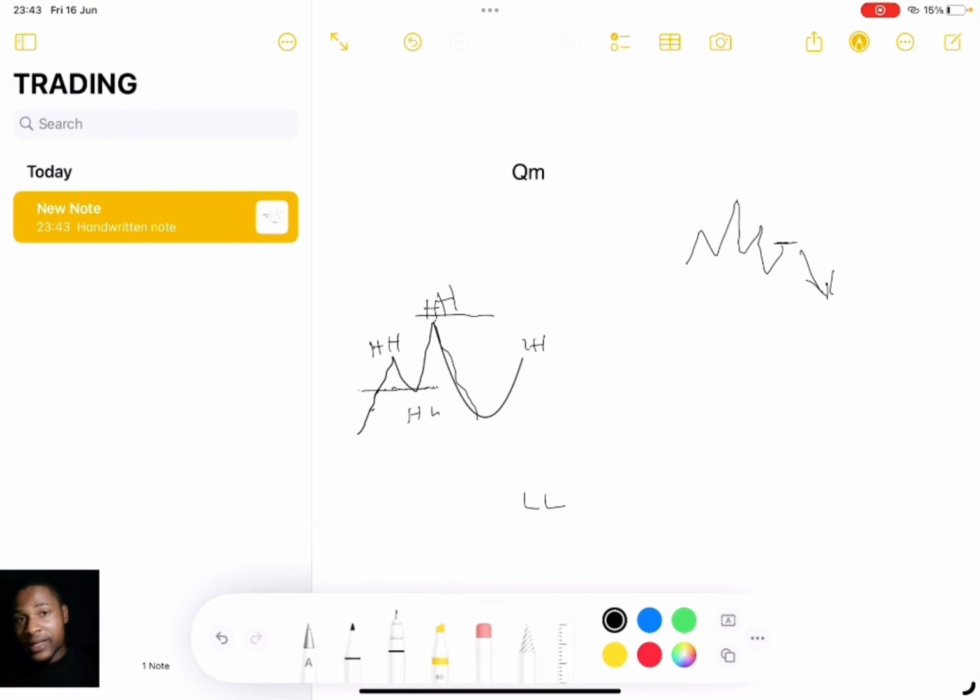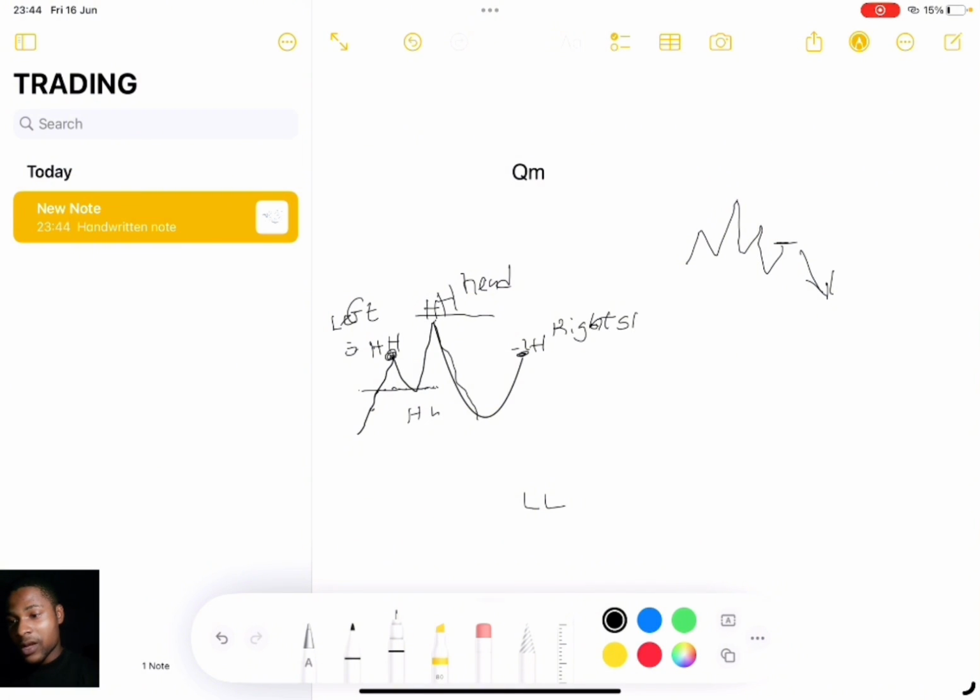But for QM pattern, you sell at this lower high region here, because price has already given you change of character. So for QM, this higher high region here is what we call the left shoulder of the QM, the head of the QM, and then this is the right shoulder of the QM.